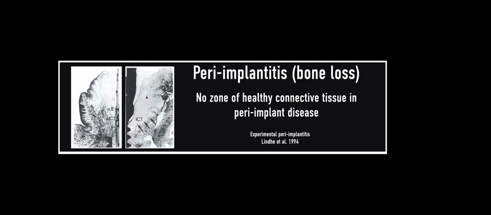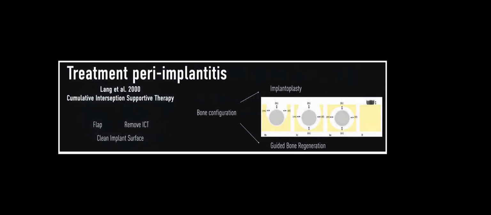But if we look at the implant, we see that the apical part of the inflamed connective tissue is already going into the bone instead of a healthy connective tissue protecting that bone. And that's why we get a big saucer-shaped bony defect around our implants compared to periodontitis. So it's a very big problem.